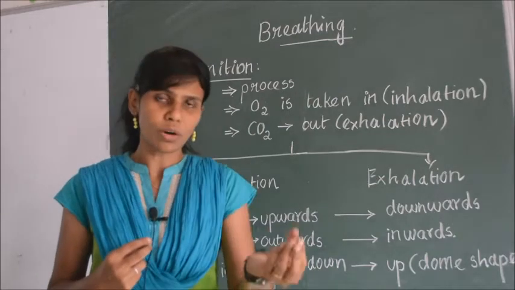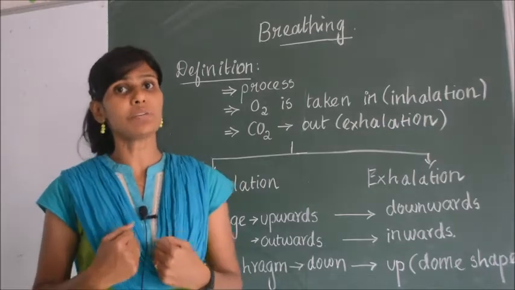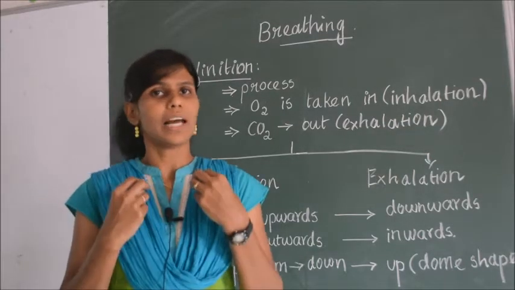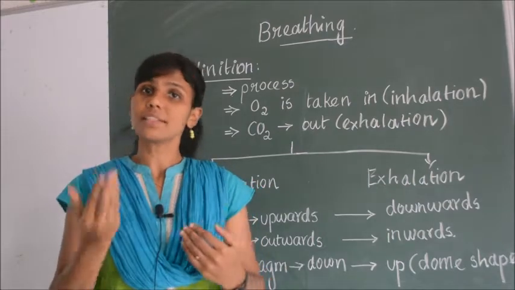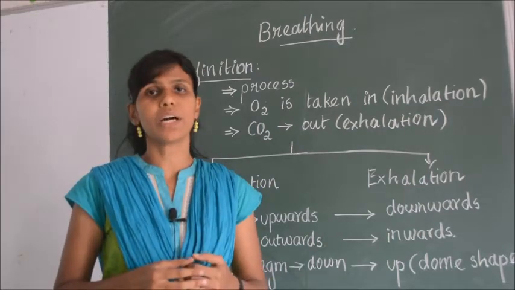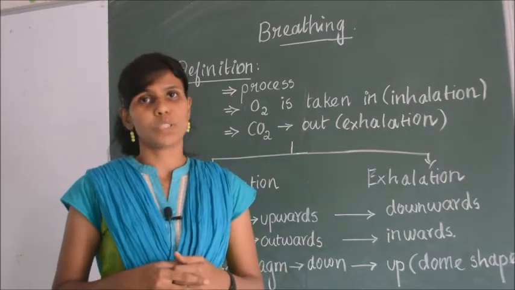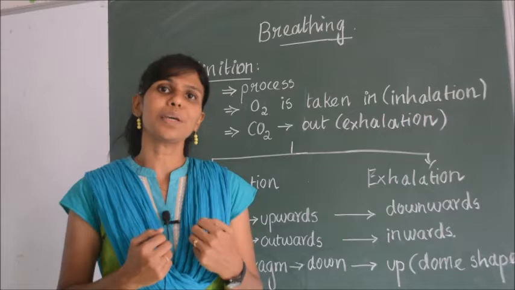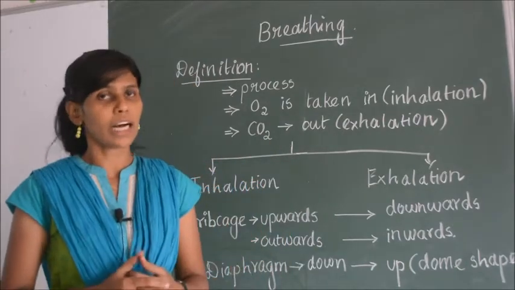So atmospheric oxygen enters through your nostrils, and where will it reach? It will reach your lungs, right? Similarly, which gas is given out? Carbon dioxide is given out again through the nostrils to the atmosphere. So inhalation is taking in of oxygen and exhalation is giving out of carbon dioxide.